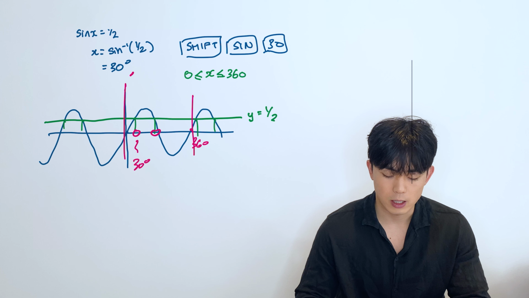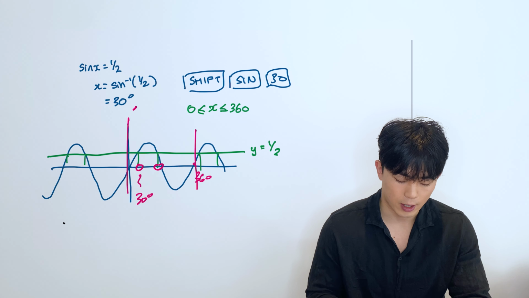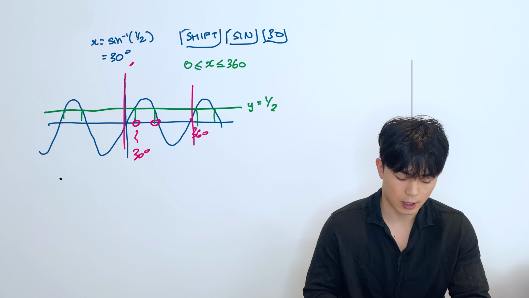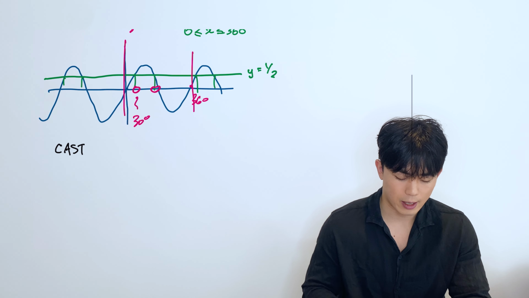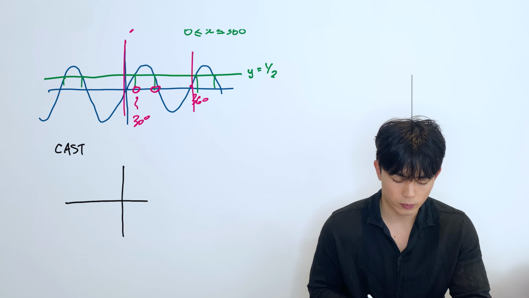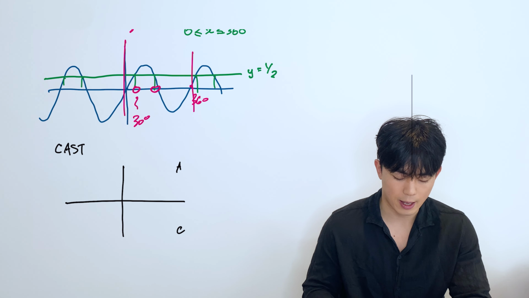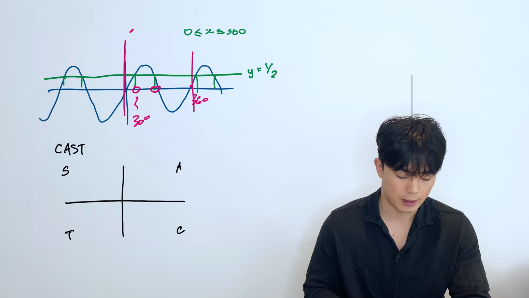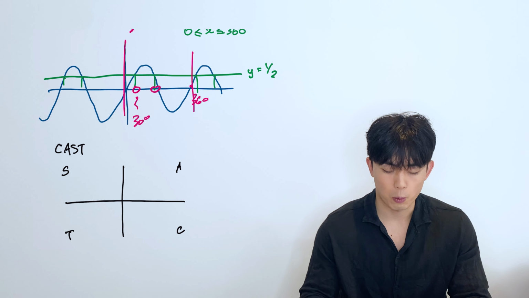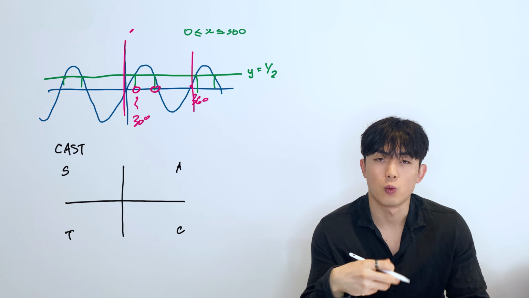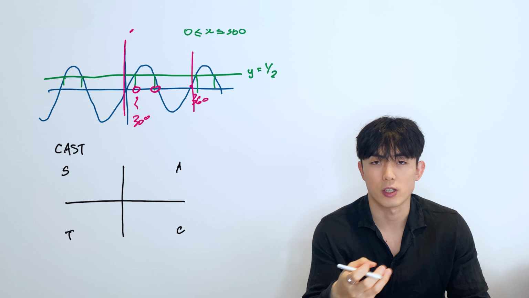The way we do that is by drawing something called a cast diagram. A cast diagram is just a quadrant with labels C, A, S, T like this, and that's why it's called a cast diagram. What this diagram represents is which trig terms have a positive value.